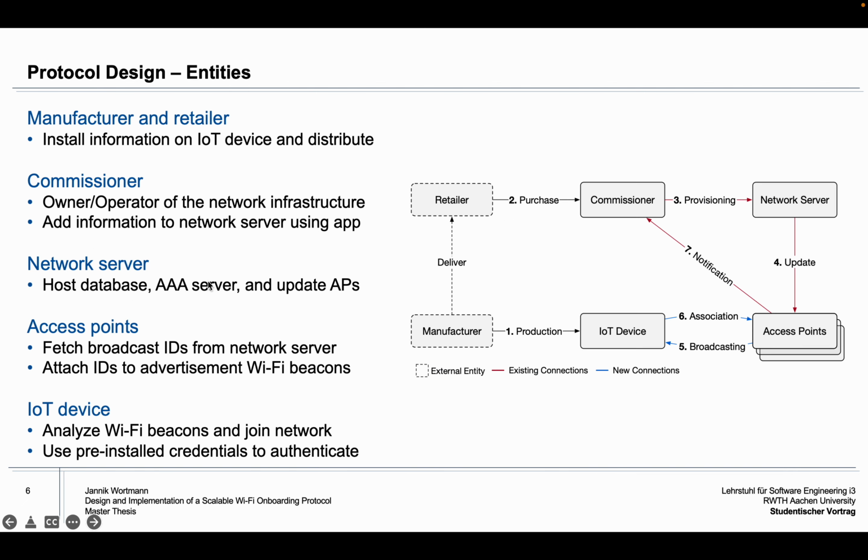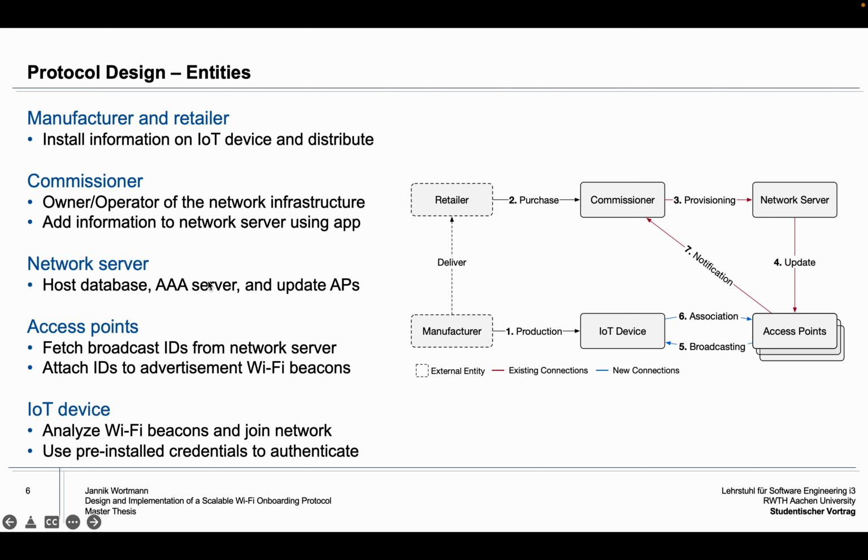Now let's talk about the entities in the protocol. First, on the left side of the graphic, we have the manufacturer and the retailer, which are responsible for installing the information on the IoT device and distributing these to the commissioner at a later point. The commissioner can be considered the owner or the operator of the network infrastructure. He's responsible for adding information to the network server using the app.